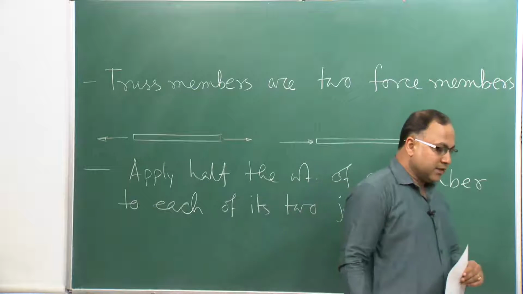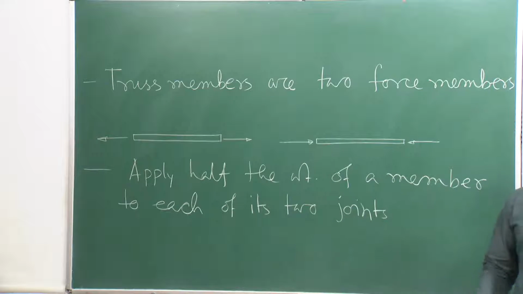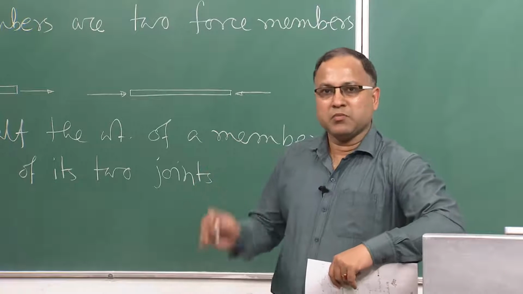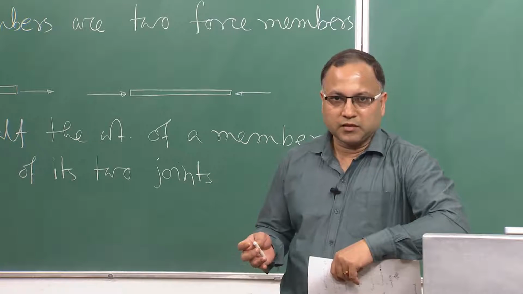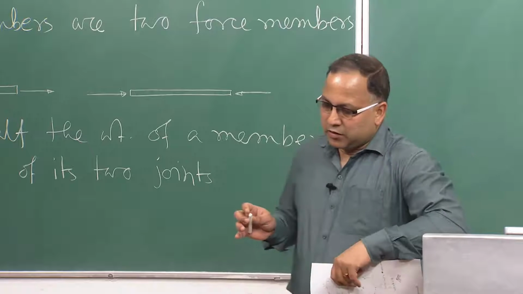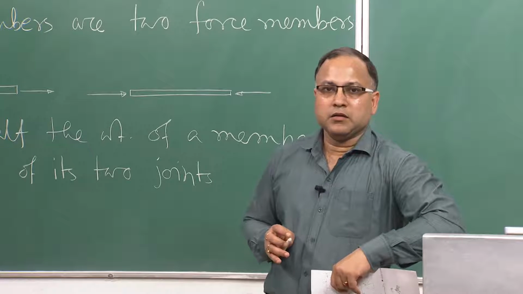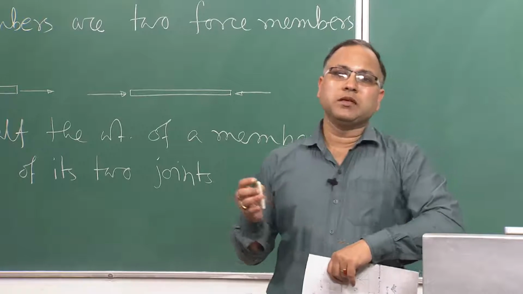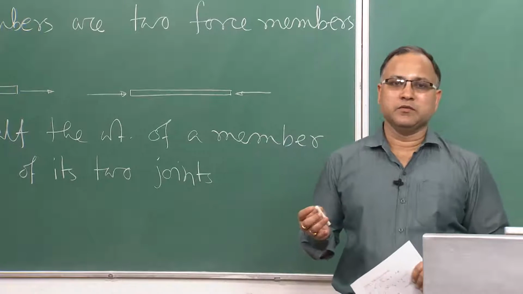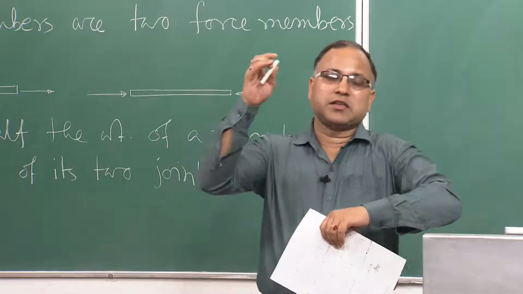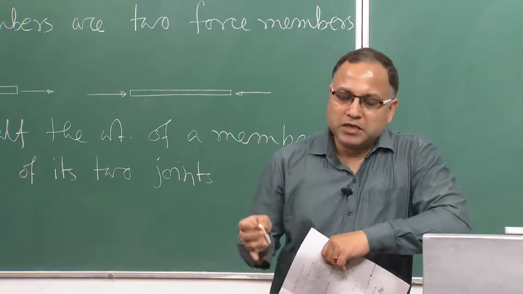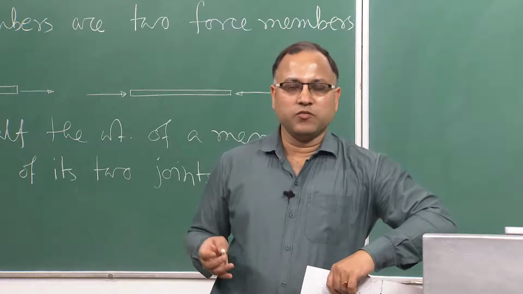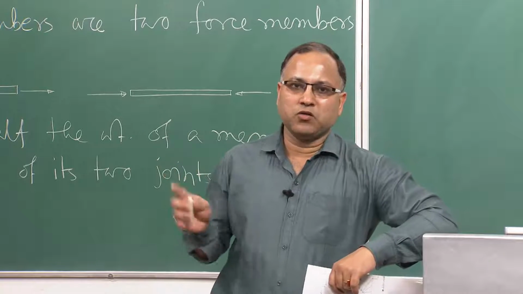We need some discussion for this. Every member in the truss has some self weight. But generally the truss is designed to carry a load such that the self weight of an individual member is very negligible compared to the externally applied load. Therefore, most of the time we neglect the self weight.